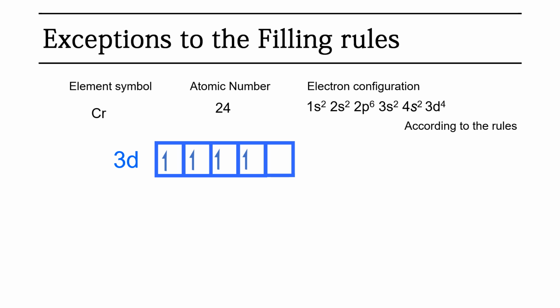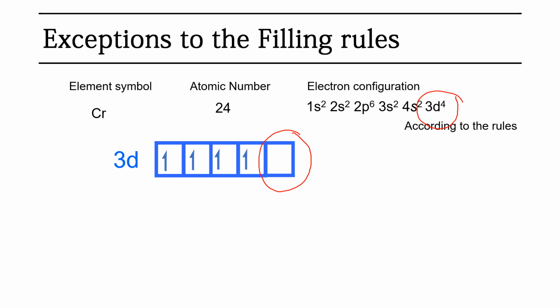For example, here 3d4 is the electronic configuration. That means 4 electrons exist in the 3d orbitals. However, this single orbital is left alone with no electron. Therefore, this is some kind of unstable form.